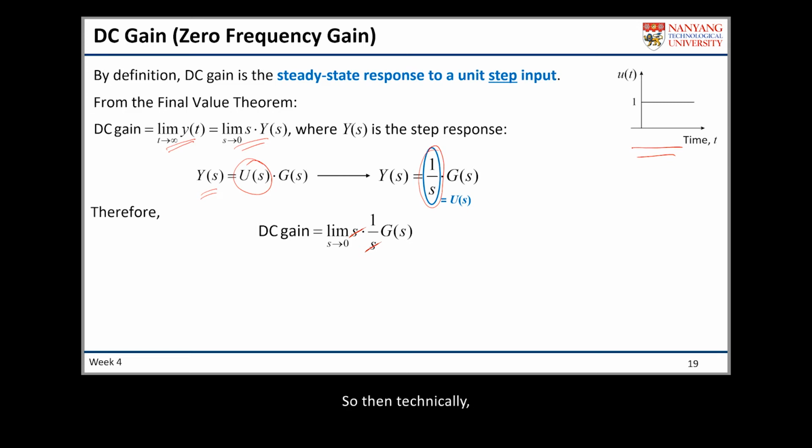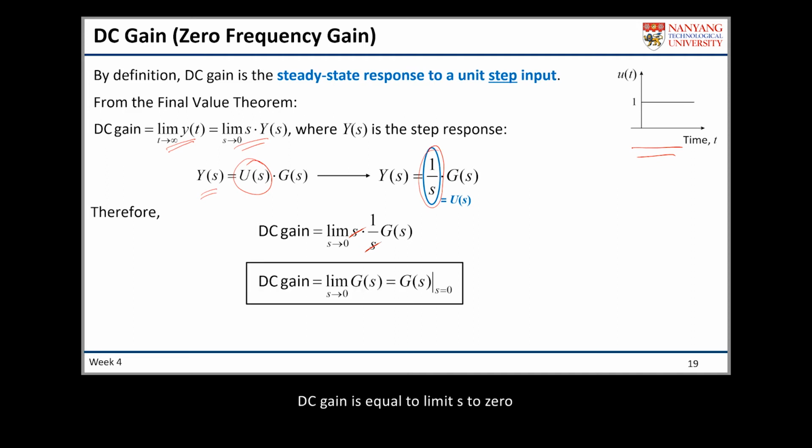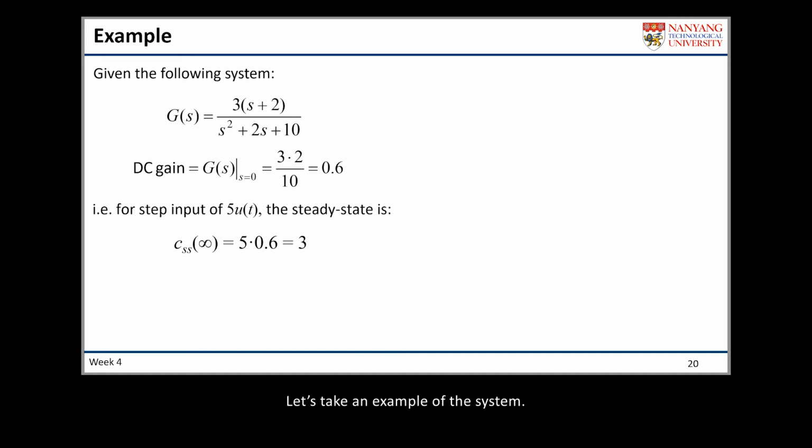So, from a mathematical point of view, DC gain is equal to the limit as s goes to 0 of the transfer function G(s). If you want to evaluate DC gain, you just substitute 0 for all of the s's in your G(s). Let's take an example of this system.